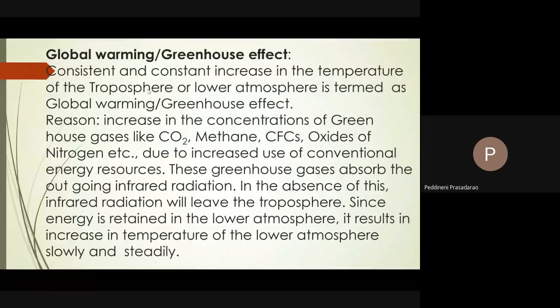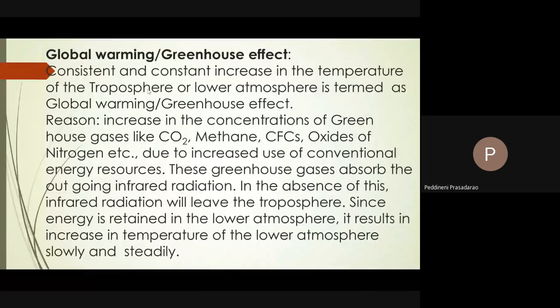So how is it happening? A consistent and constant increase is taking place in the lower atmosphere, or troposphere. In the troposphere, the temperature is slowly and steadily increasing, and that particular process is what we call global warming or greenhouse effect.